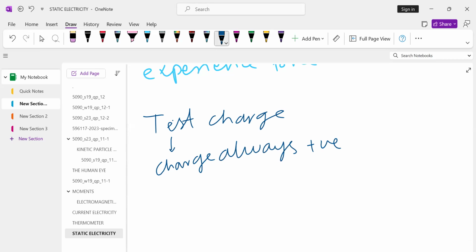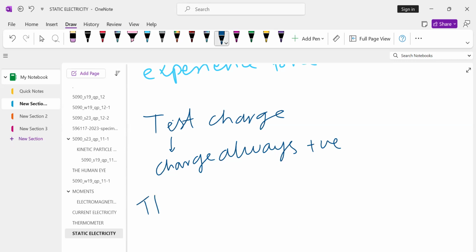Now, to draw the electric field lines, you should remember some cases. The path on which the test charge accelerates is known as an electric field line. This is the definition of an electric field line. It may come in the MCQ paper in P1 and in P2.